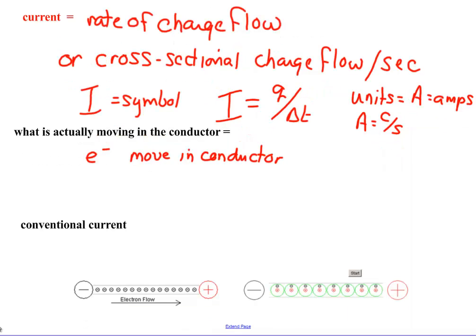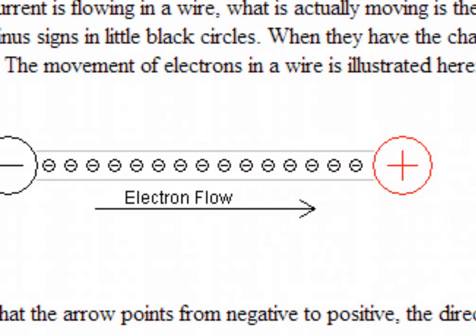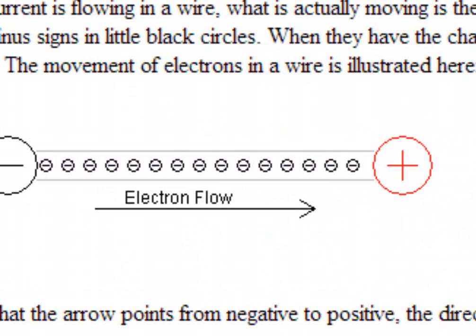When we talk about conventional current, we talk about current as described in this country. And current is described in this country as the flow of positive charge. That's counter to what is actually happening, but let's take a look and see why that might make a little bit of sense. If we look at this diagram here, we have electrons flowing from negative to positive.